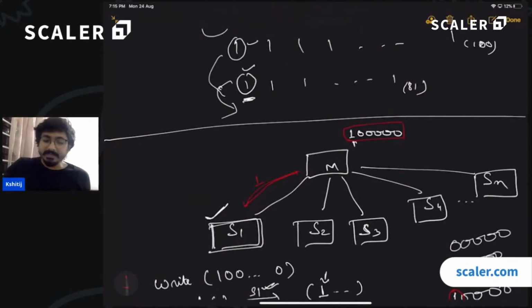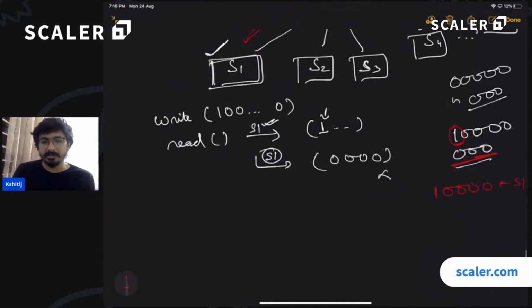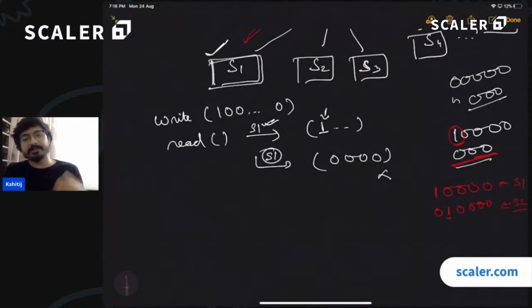Similarly, if you send another string of the same kind, this is just to check whether S1 is faulty or not. To check S2, you can set the second bit and keep all the remaining bits unset, and then this will check whether S2 is faulty or not. Because in the output, if there is no bit which is set, then you are sure that S2 is faulty, because the only set bit was sent to S2 and it is not getting returned.